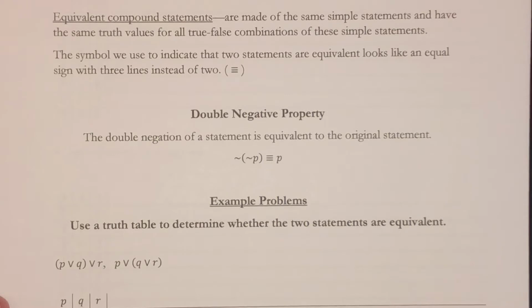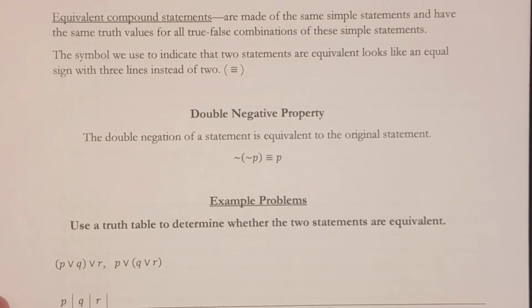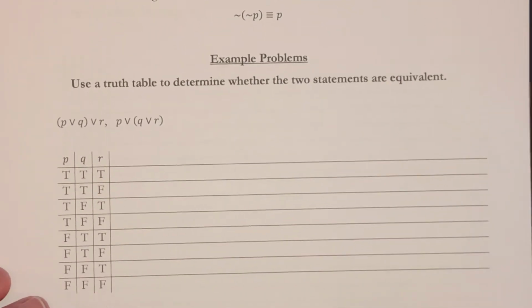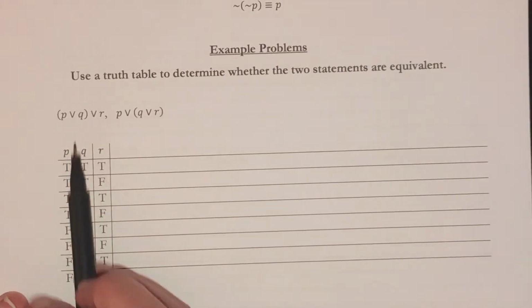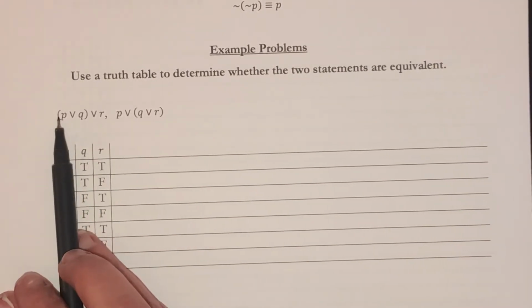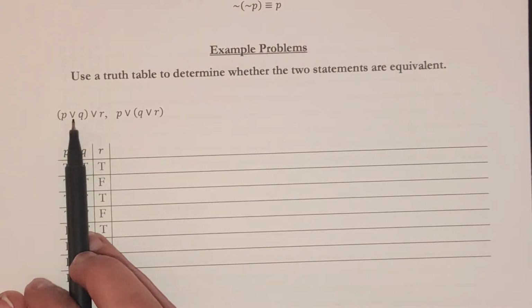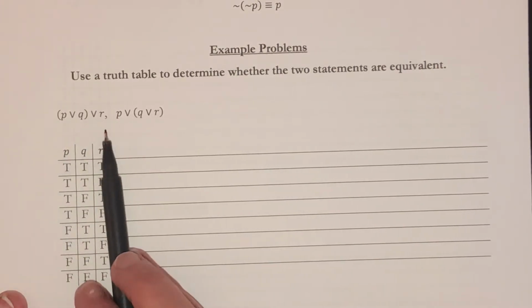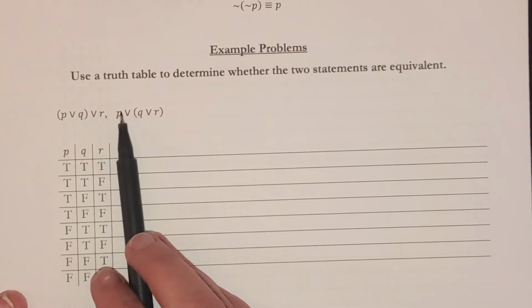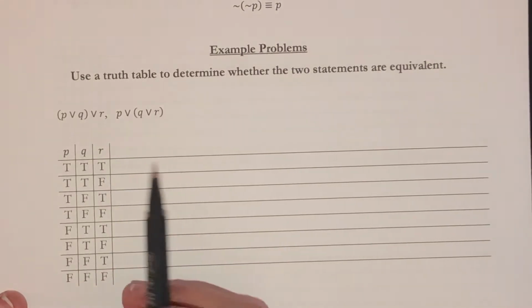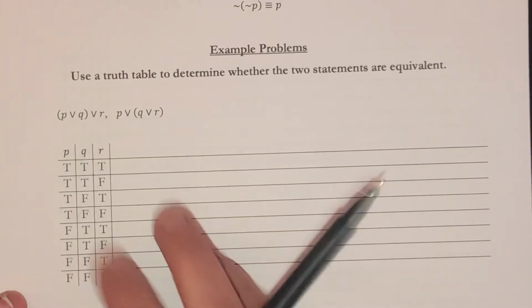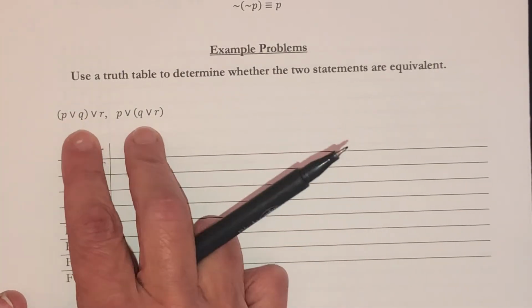So you're going to have a few problems that just ask you to use a truth table to determine whether the 2 statements are equivalent. So what I'm going to do is I have these 2. I have first P or Q in parentheses or R, and then I have P or, and then in parentheses Q or R. That's hard to say. What I'm going to do is find out the truth values for each of these.